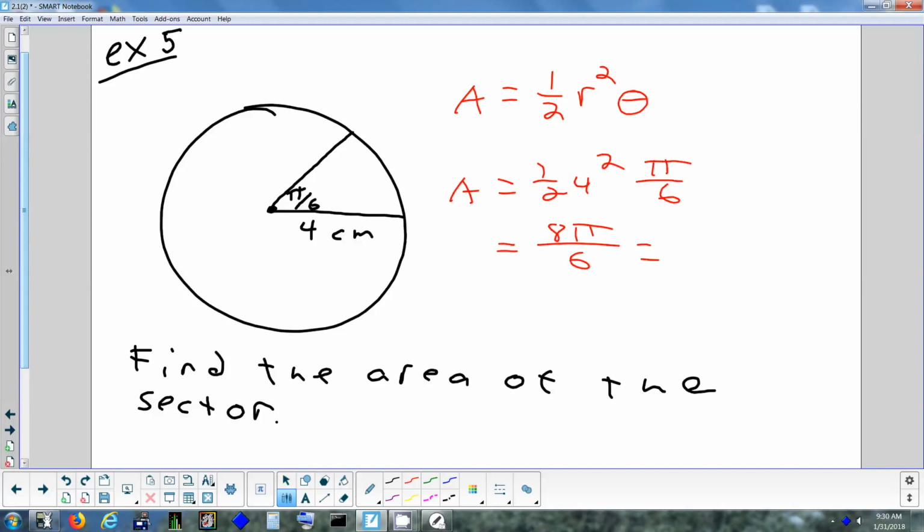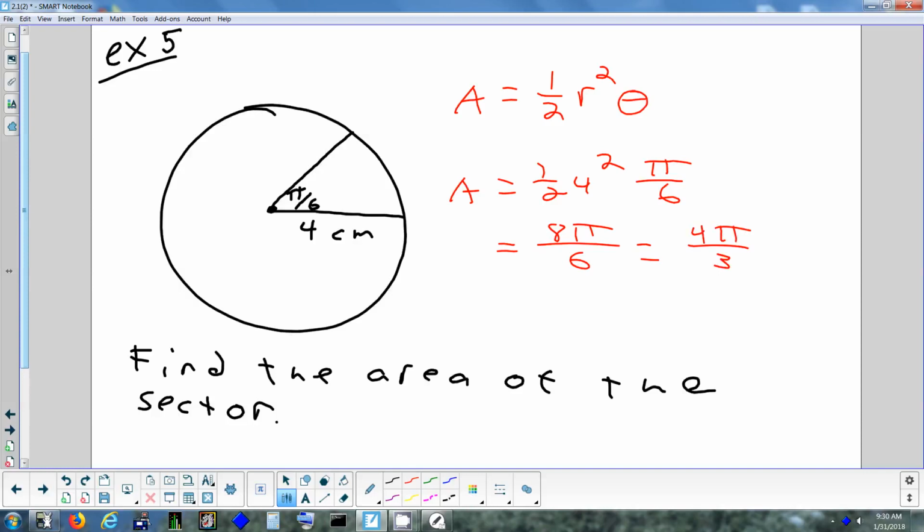So we get 8 times pi over 6. 8 and 6 can both be reduced by 2. So we get 4 pi over 3. Now, someone remind me, what is that again? The 4 pi over 3 is the area. So we have to put the right label on that.